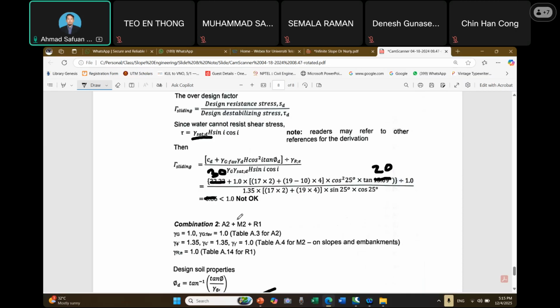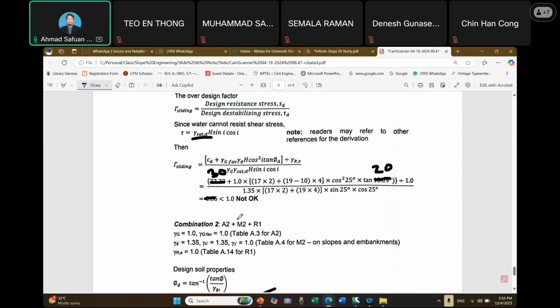Then for the design destabilizing stress, 1.35 times 17 times 2 plus 19 times 4, sine 25 cos 25.